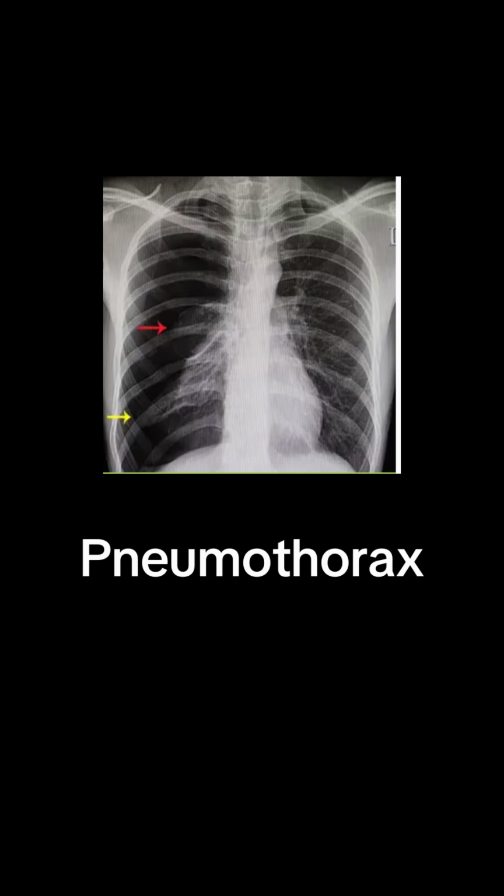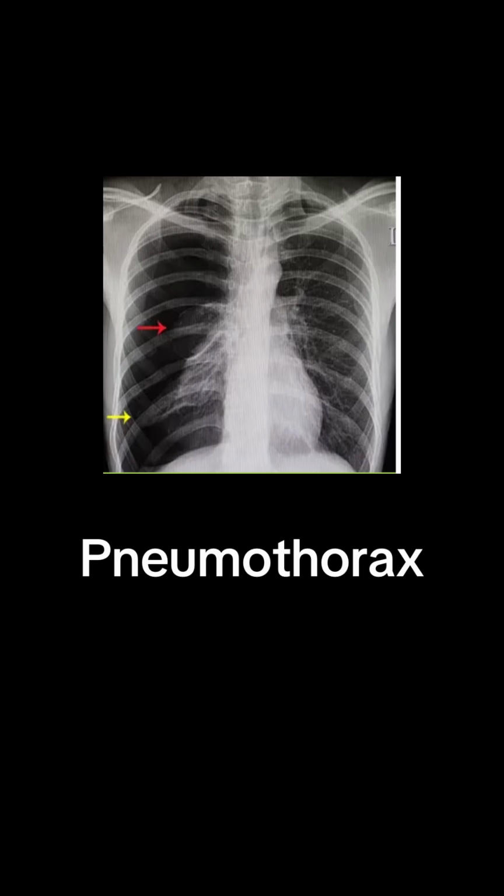Now I will give you a scenario where a patient presents with a stab wound on his chest, after which he developed sudden chest pain and respiratory distress, and he presented to the ER with respiratory distress and decreased breath sounds on the affected side and hyperresonance on percussion.